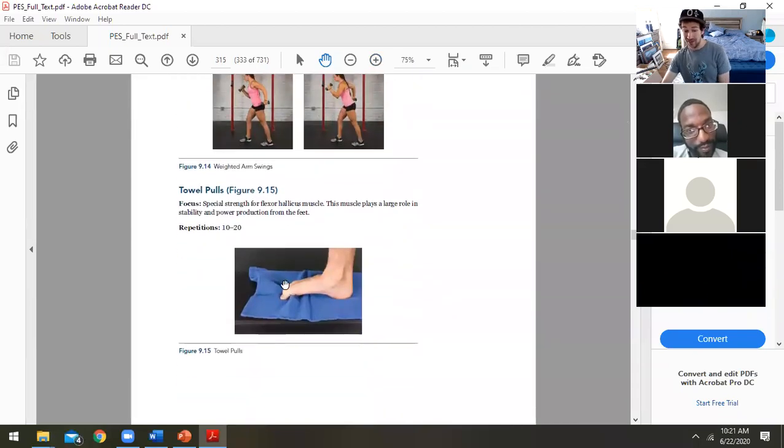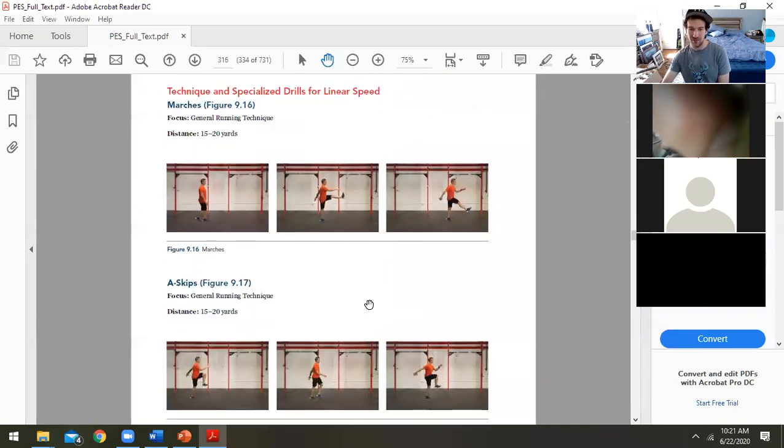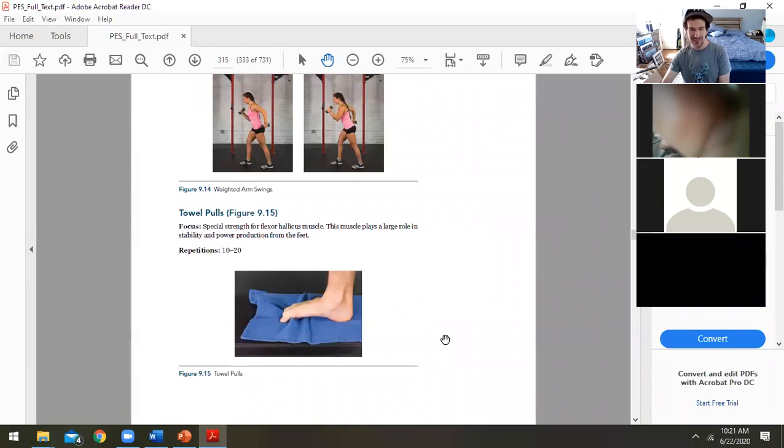So this right here might be one of your best exercises to prevent that turf toe. Turf toe is a real pain. It feels like gout. This is really good for plantar fasciitis as well, guys, and also really good for metatarsal fractures. I like to use this as a balance exercise, and I'll throw it into my movement prep.